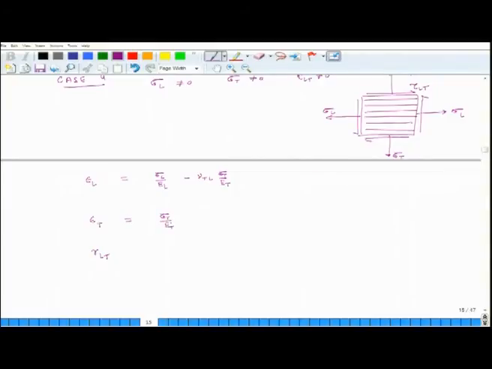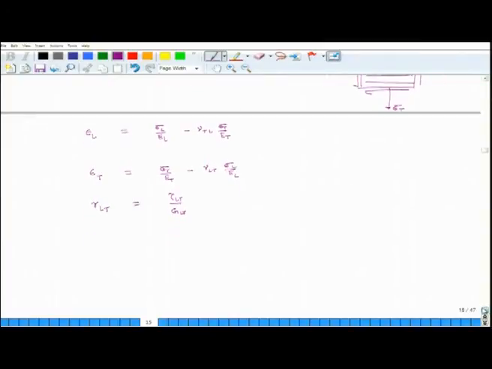This is the component just due to sigma T plus the Poisson effect when you are applying sigma L, and that is minus mu LT sigma L over EL, and gamma LT is equal to tau LT over GLT. Okay. So, these are the overall strains in the whole system.